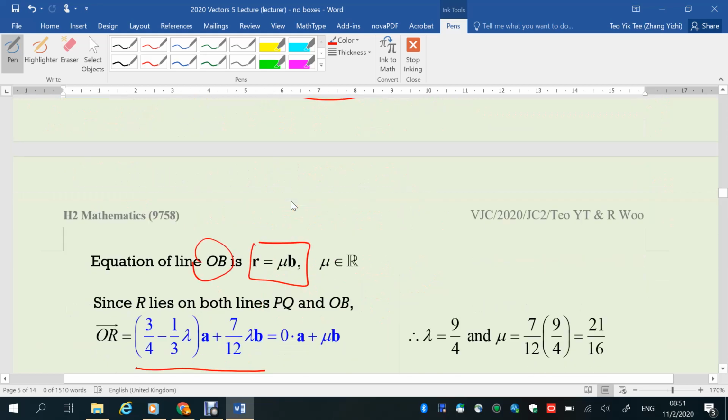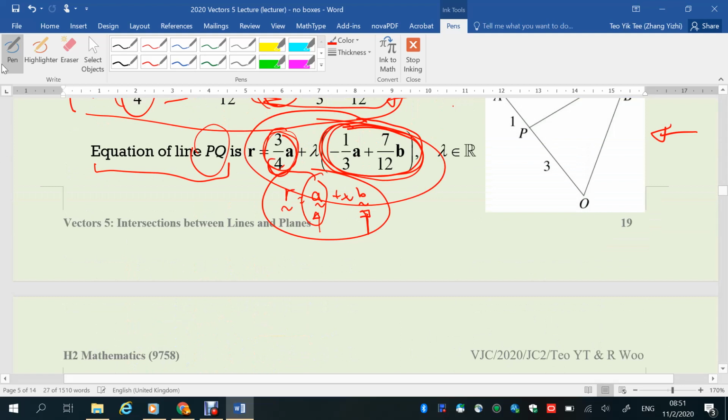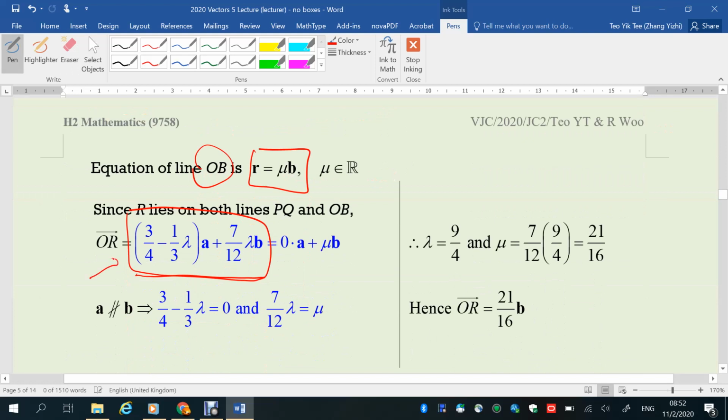and the line OB. If you look at this equation, look at what I've copied down here. It's slightly different, because I've done some rearranging of the data. I have grouped all the A together and grouped the B together. So this is my line PQ, and this is my line OB. Then what you need to do is compare A with A, B with B, so I generate another 2 equations.